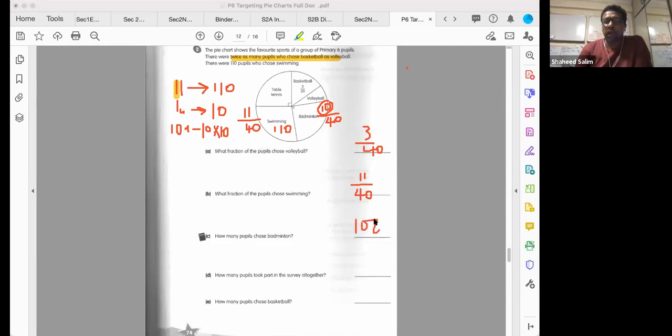How many people took part in the survey altogether? You know. Come on. Quarter is 100. How many quarters are there in the whole pie? This is called a pie chart. The circle.